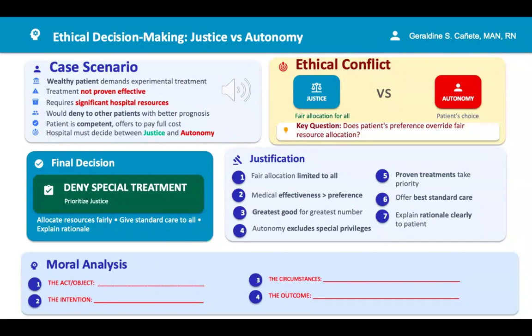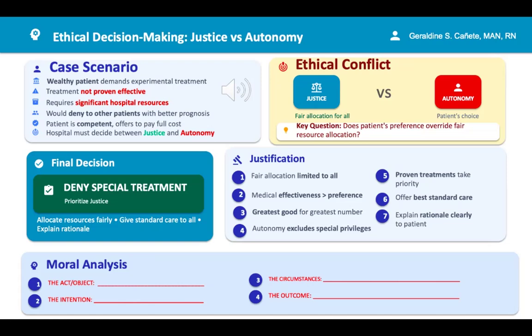On the other hand, competent adults generally have the right to make their own medical decisions, even if those decisions seem unwise. So, why is respecting patient autonomy considered so important? Are there limits to this right? Now, in this situation, it is said that the most ethically sound course of action is to deny the wealthy patient's demand for experimental treatment.